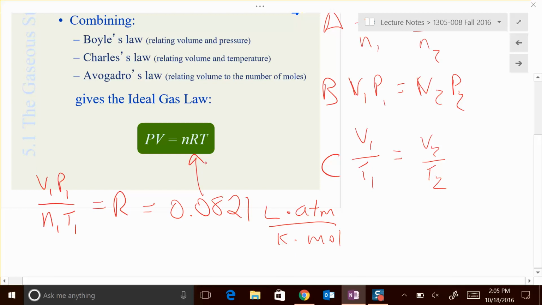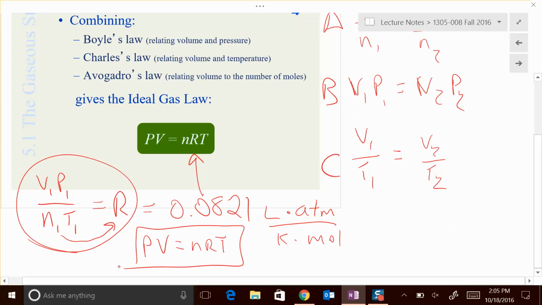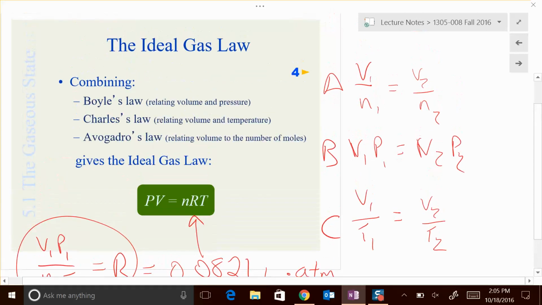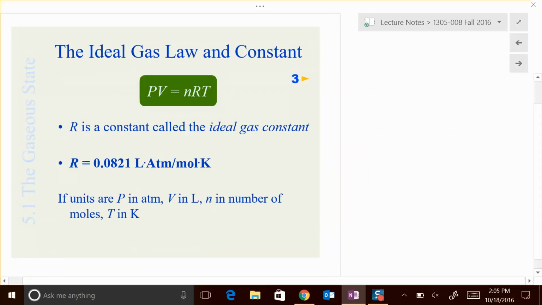And so if I rearrange this whole equation here, I can say that PV equals, bring N and T up here, nRT, and I get the ideal gas law. PV equals nRT, that's the ideal gas law. Okay? So using this ideal gas law, I no longer solve for change.